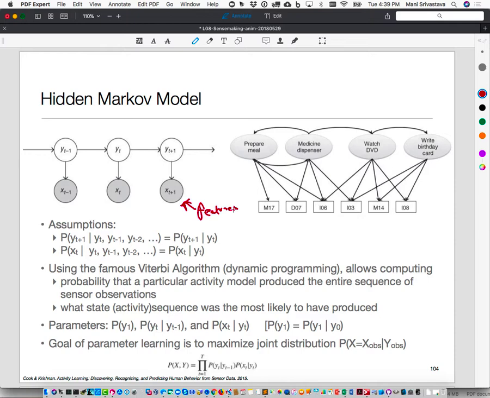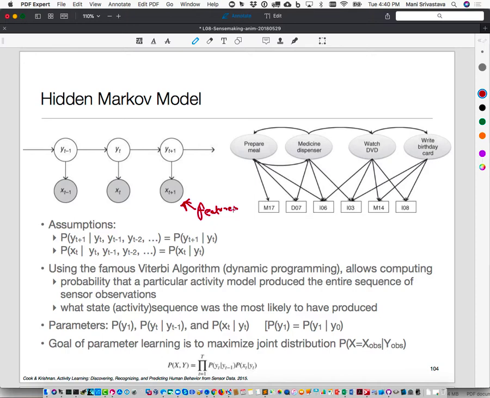It's possible that I may stay in the same state. So it's possible that I was sleeping in y of t minus 1 and I'm again sleeping in y of t. That's certainly fine. So I have a finite set of labels, and y of t takes values from that set of labels.